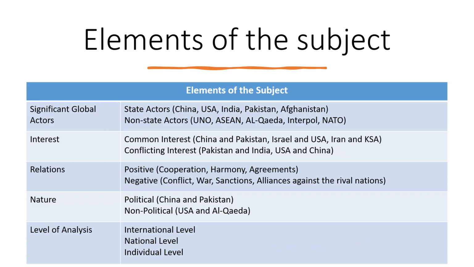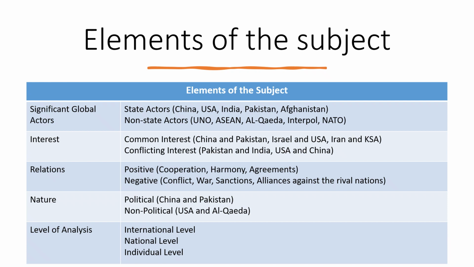So we have studied a very comprehensive definition of IR. Now here we would define all the elements of the subject, and from where did we get these elements of the subject? From the definition of the subject, IR. We defined IR as the interest-based political as well as non-political relations among all the significant global actors of the world.